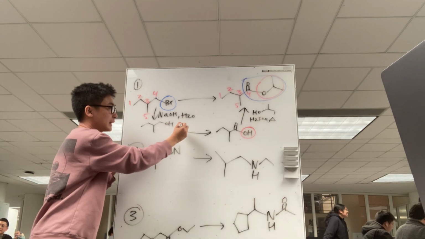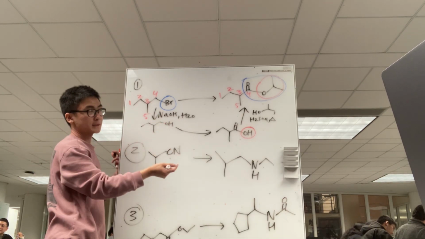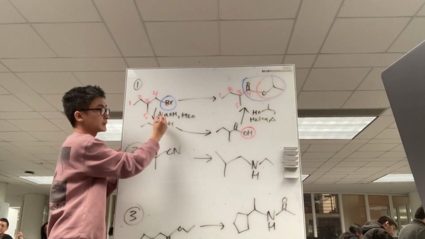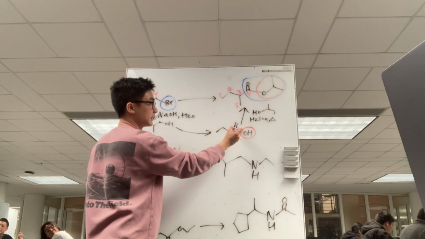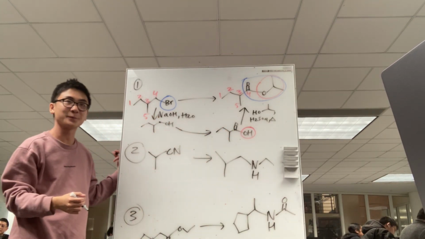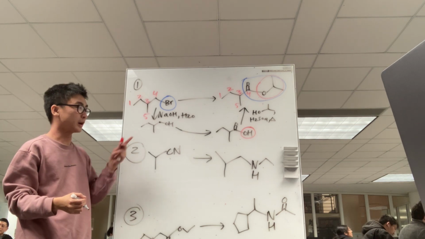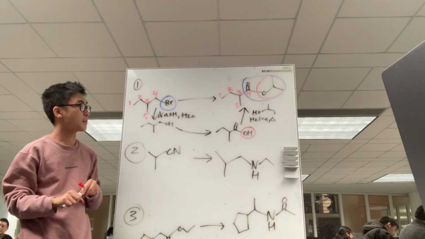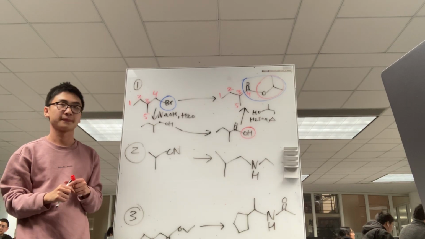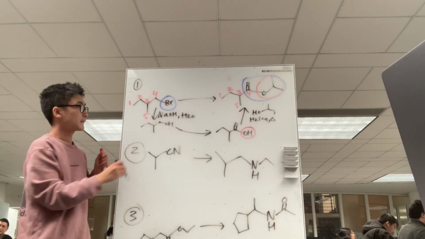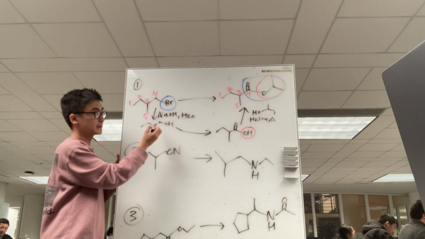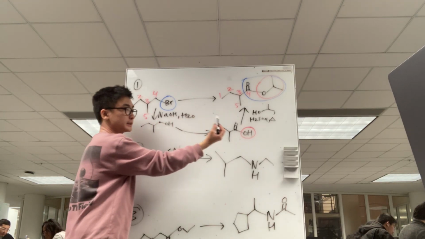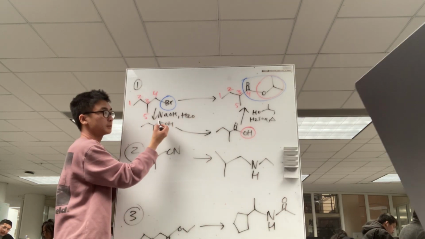Now, once we have this primary alcohol, this is a 1,2,A reaction or 8B reaction. How can we convert this primary alcohol into this carboxylic acid right there? Did we oxidize or reduce this primary alcohol? Yeah, we oxidized because this carbon gained 2 bonds to oxygen and lost 2 bonds to hydrogen.